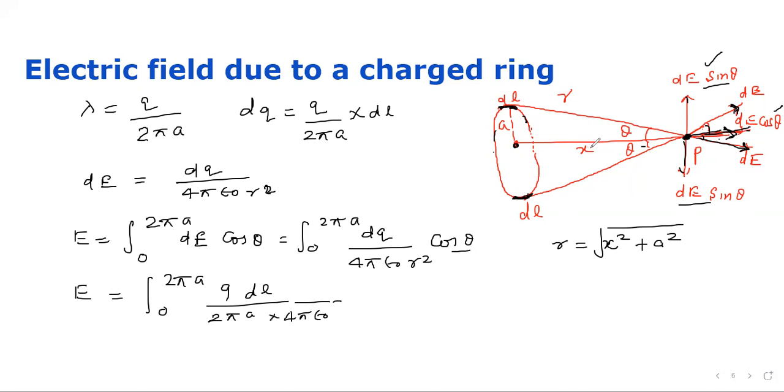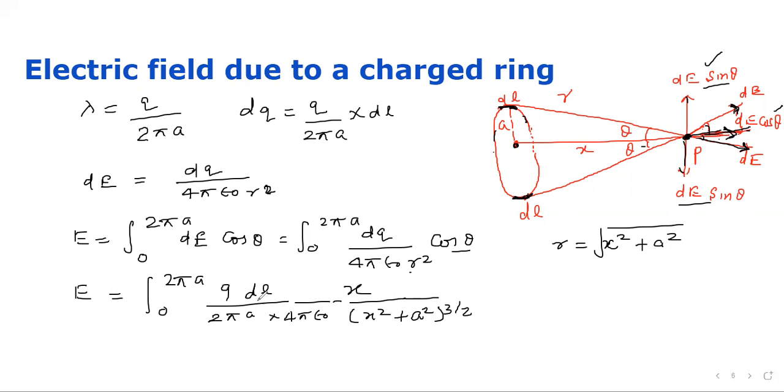Cos theta is x upon r, that is x upon r cube. And r is the root of x square plus a square, so we can write it as x square plus a square whole power 3 by 2.